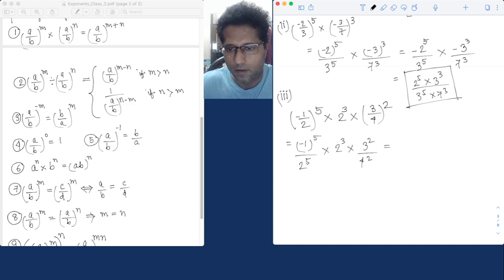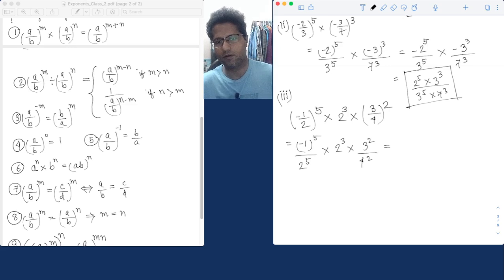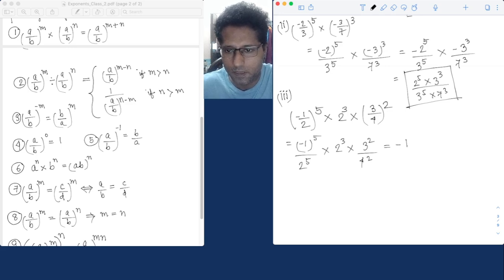Now (−1) raised to the power 5 will be minus, since the power 5 is odd, 1 to the power 5, into 2 to the power 3 multiplied by 3 square divided by 2 to the power 5 multiplied by 4 square.